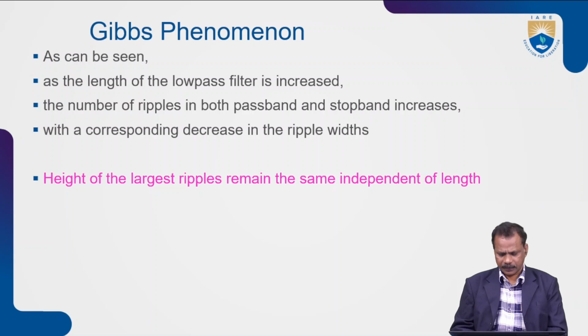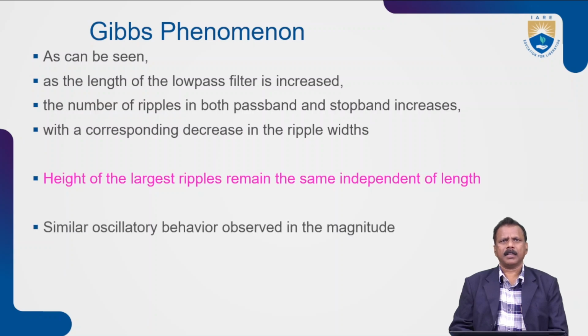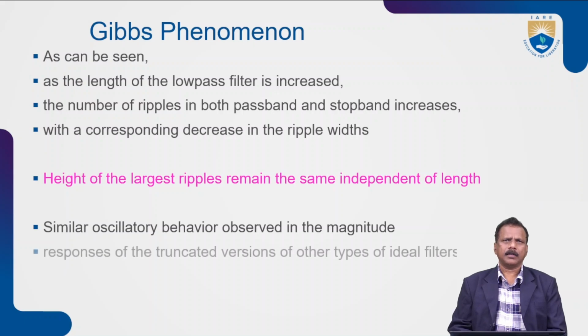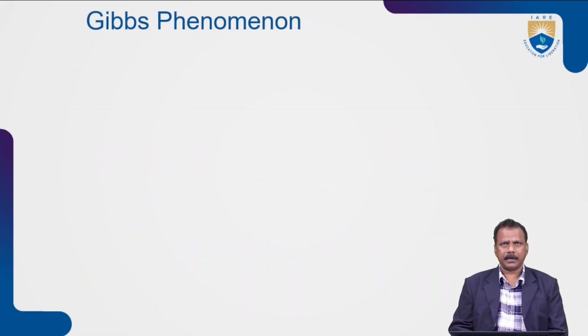So the height of the largest ripples remains the same, independent of the length. Similarly, oscillatory behavior is observed in the magnitude responses of the truncated versions of the other types of ideal filter. This is the main concept of how it happens.